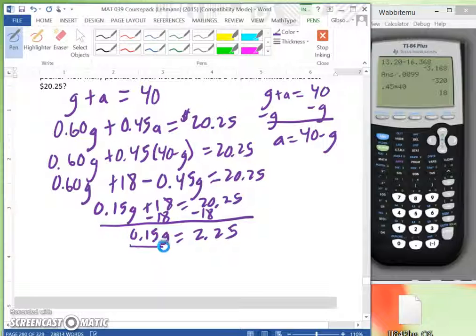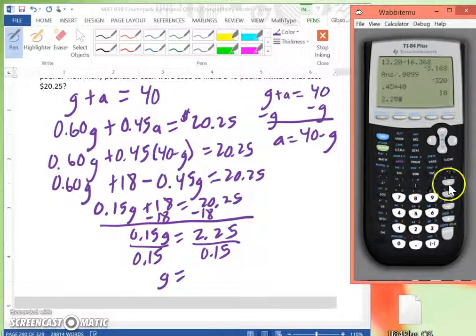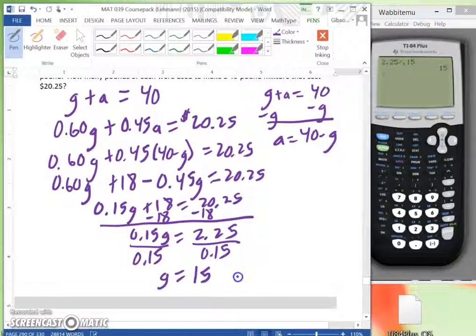We will divide each side by 0.15. Then we'll have G is equal to 2.25 divided by 0.15. I got an error here, I guess I didn't put the divided by 0.15. That would give us 15. So G is 15. So with G being 15, that would mean that A will have to be 25.